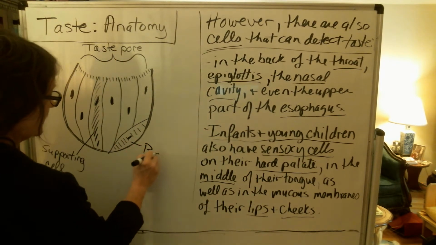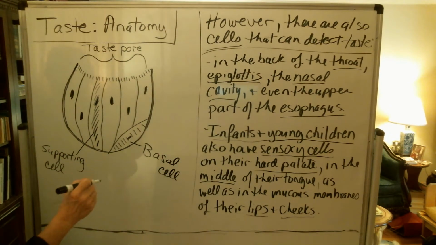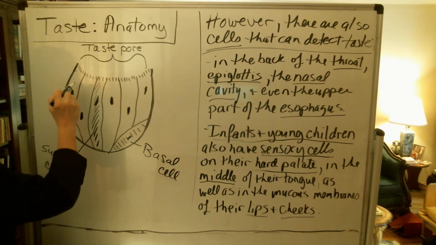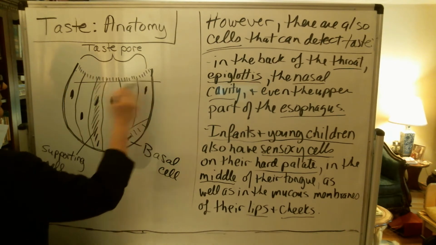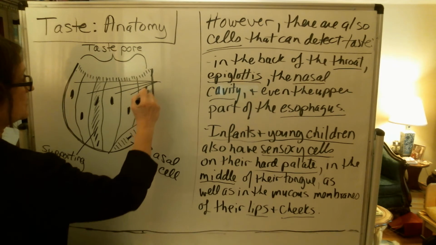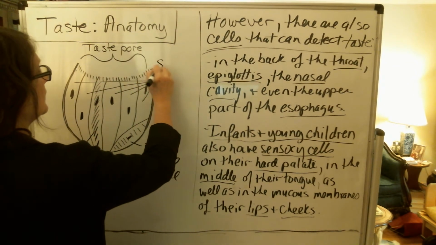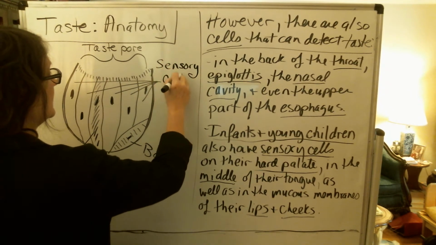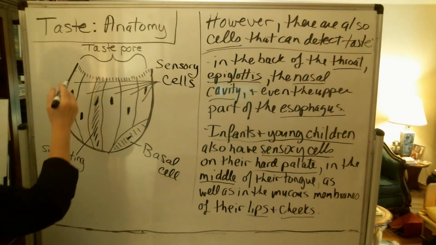I'm not very interested in them, but just so that you understand that a few other cells exist in your taste buds. But the vast majority of the cells in your taste buds, like this one, and this one, and this one, and this one, and this one, these now are all your sensory cells. These are the really important ones here.